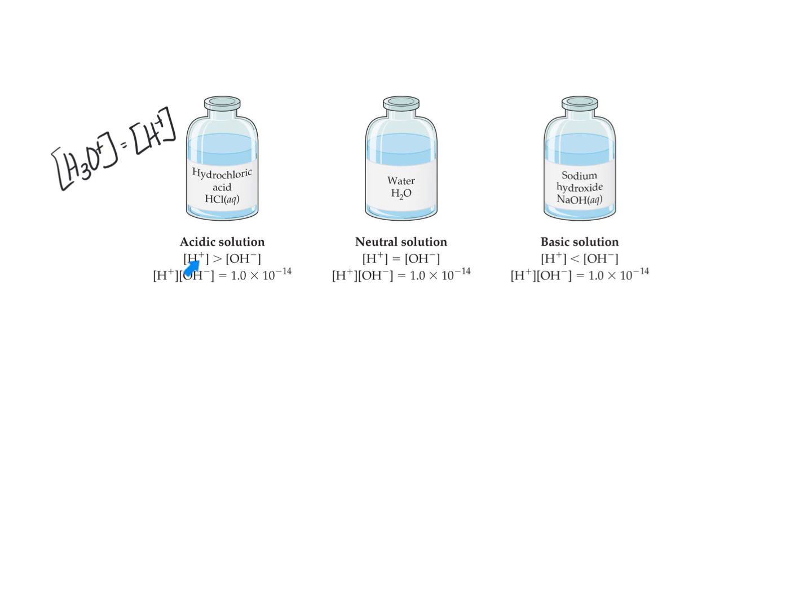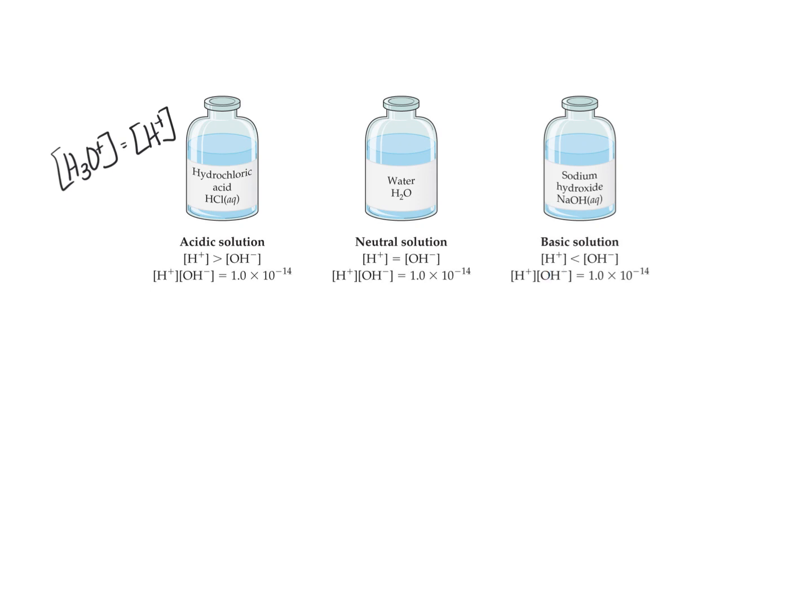So if we have a higher concentration of H3O+, we're an acidic solution, we are going to have a lower concentration of OH- so that they both balance out to give us 1 times 10 to the negative 14th. If we look at water, the amount of H3O+ and the amount of OH- are going to equal each other. When we multiply these together, they still equal 1 times 10 to the negative 14th.